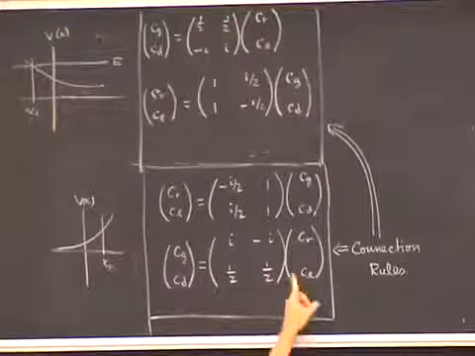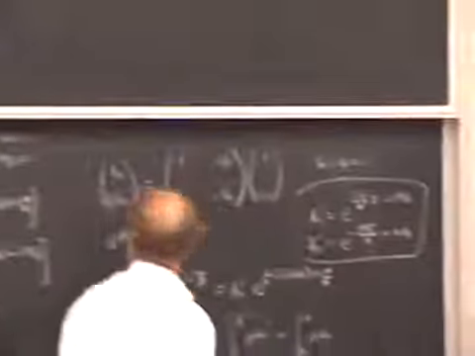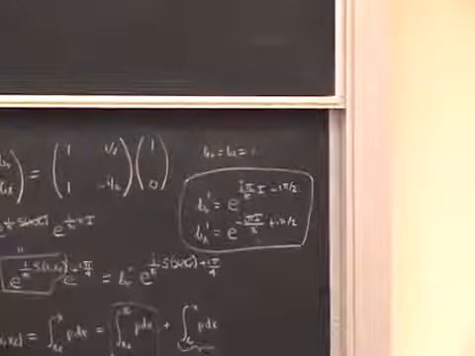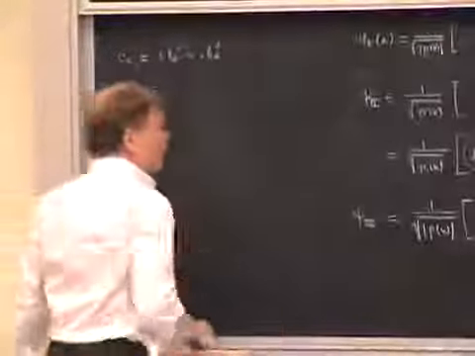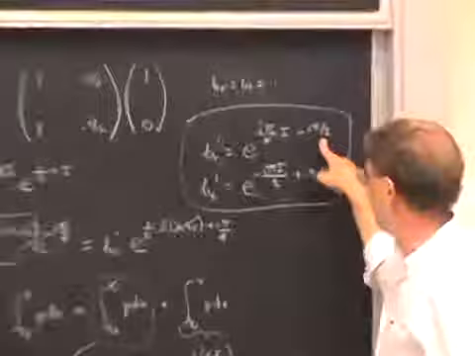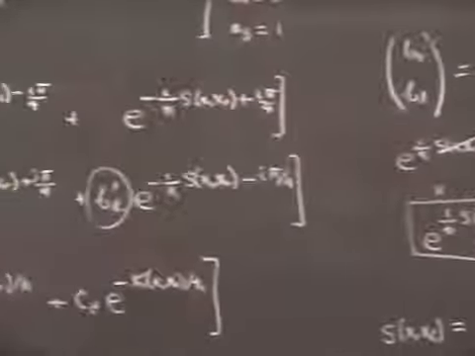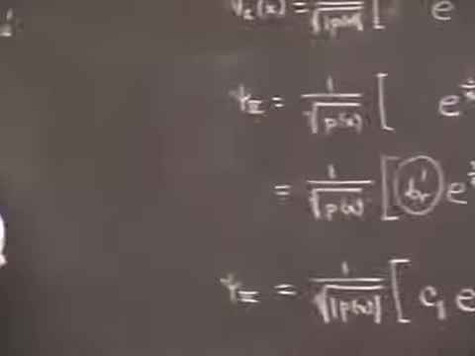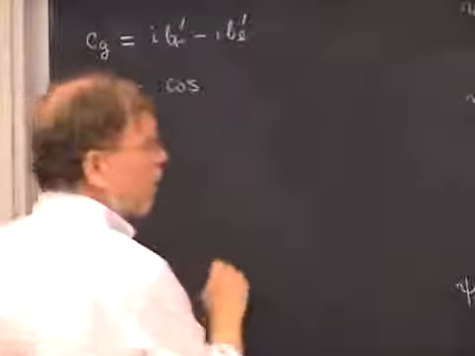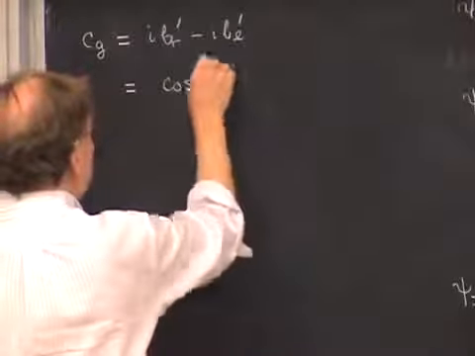I'm using this matrix, but I'm reinterpreting CR and CL as VR prime and VL prime, minus I VL prime. And if you look at that, I times VR prime, the I is going to cancel with minus I pi over 2. And so what we get is that this is the cosine of pi I over h bar.